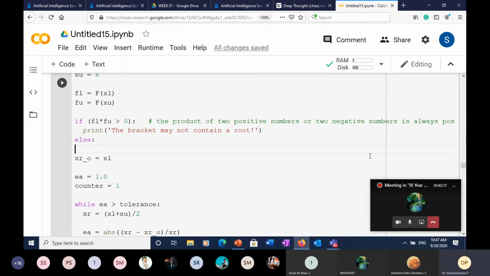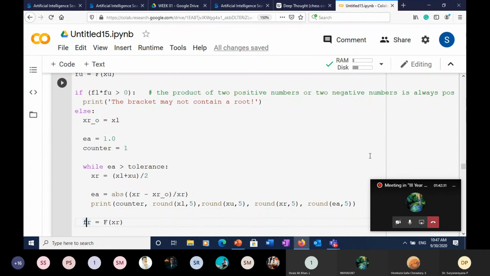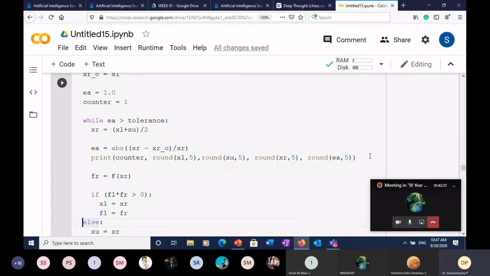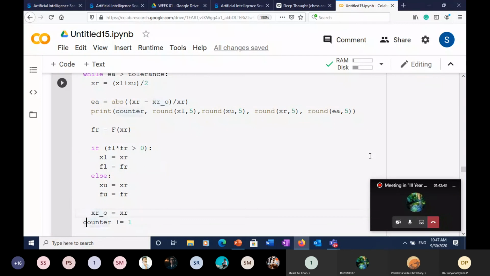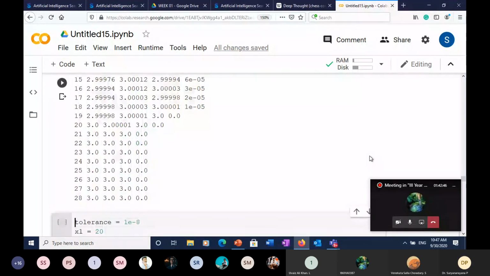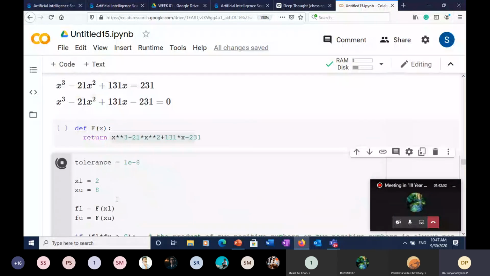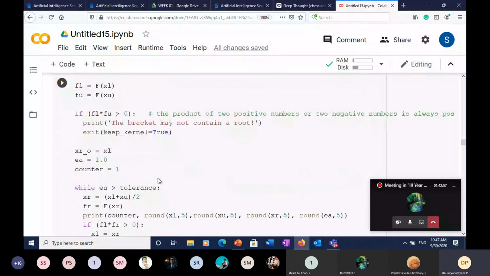Only if that is false, then it will do all this. That exit thing works if you are doing it in a regular program. Okay, so now it will work. See what happens here is, because it crashed and reloaded.